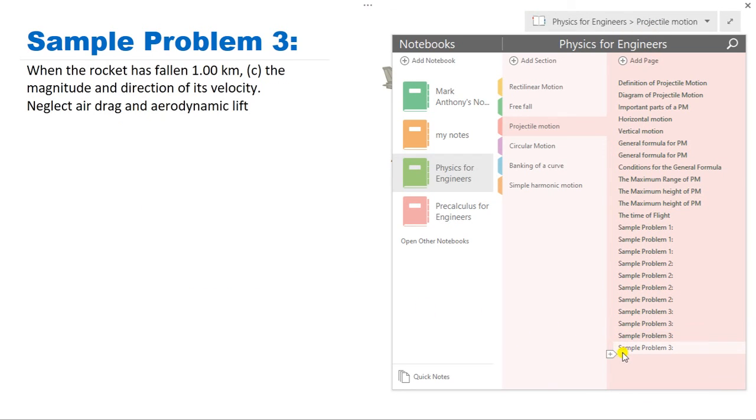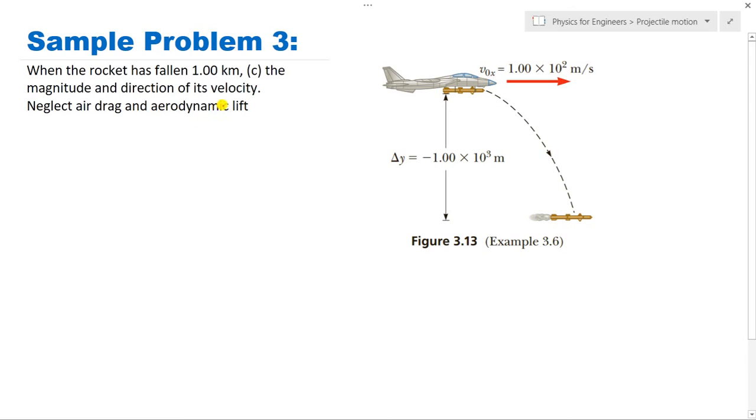So punta tayo doon. Let's say the magnitude and direction of its velocity at that distance or at that height. So requirements, we have the resultant velocity, VR at 1 kilometer. So therefore, i-recall mo na lang yung mga components mo.